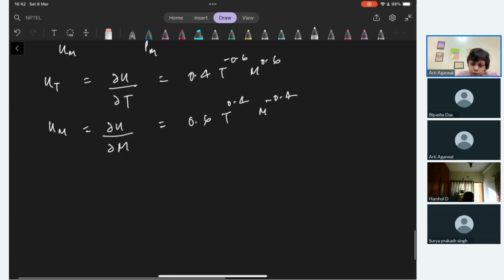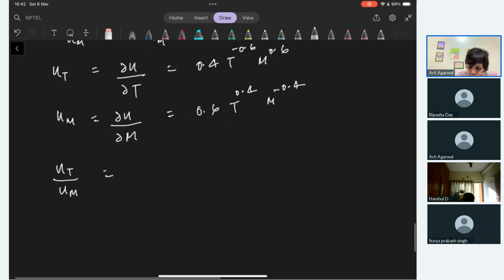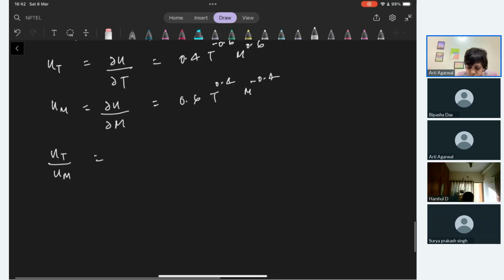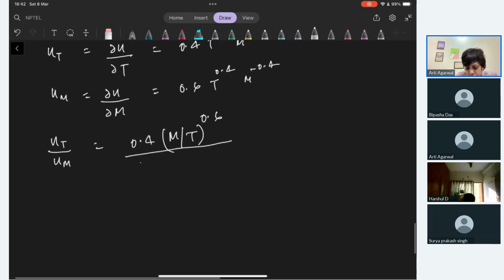So ut by um, we just rewrite these expressions, is equal to 0.4 m by t to the power of 0.6 upon 0.6 m by t to the power of minus 0.4, which if you take to the numerator just becomes m by t.